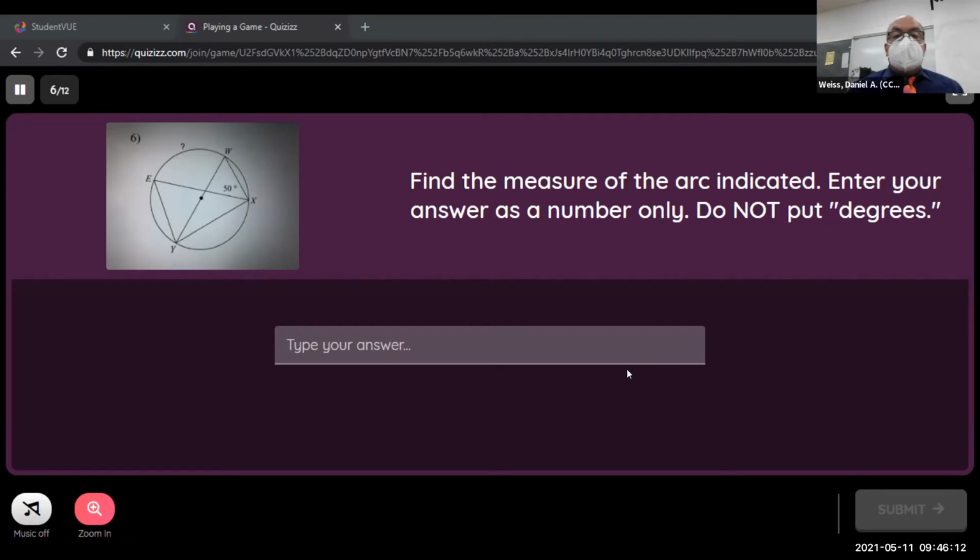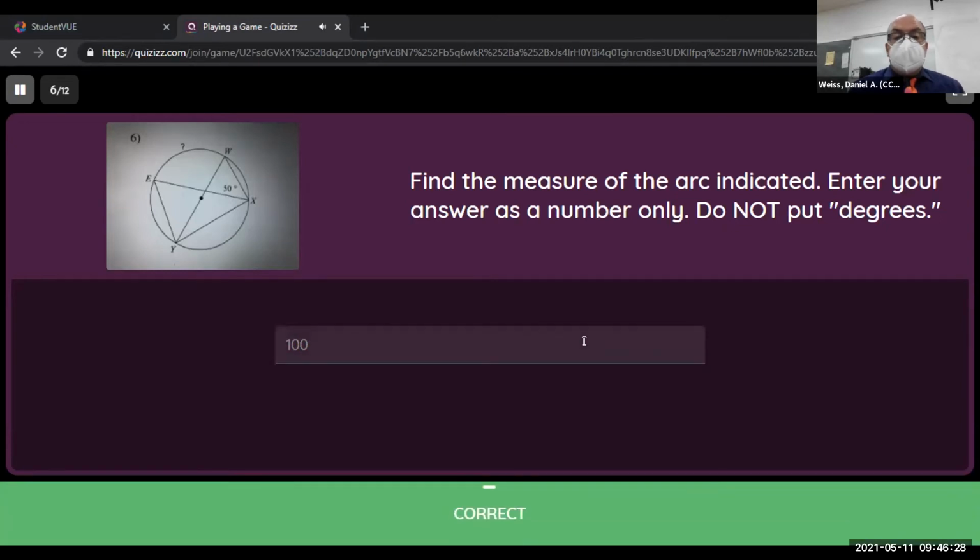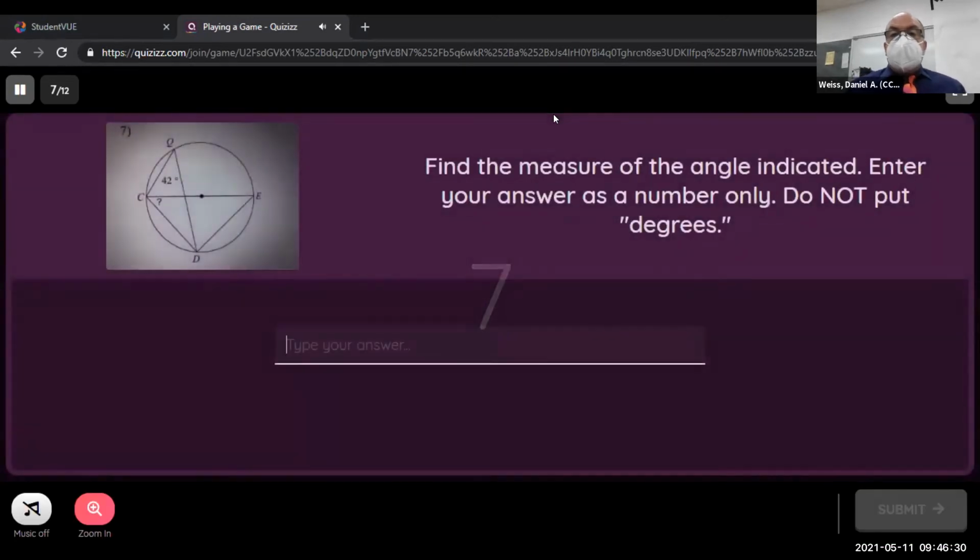So, right, you have the angle, you want the arc there. Don't you just double the 50? Right? Okay. Hang on a second, Misa.